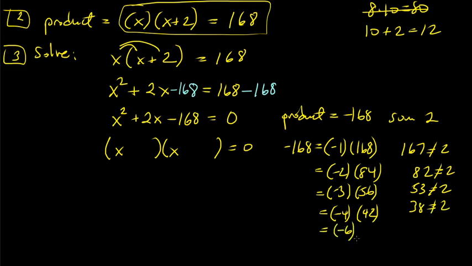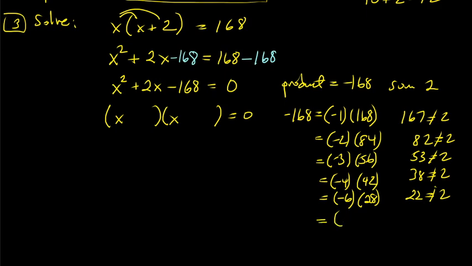But negative 6, for whatever reason, I think it's 27? No, hang on. It's 28. Okay, I was off by 1. Well, 28 minus 6 is 22, but that's still not 2.